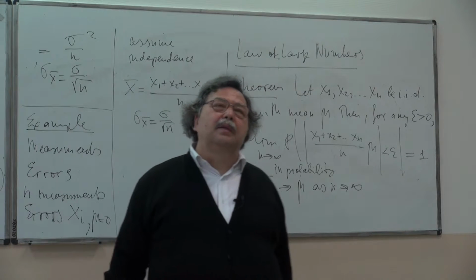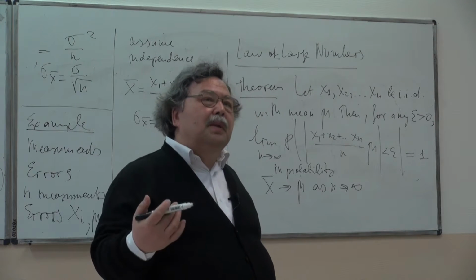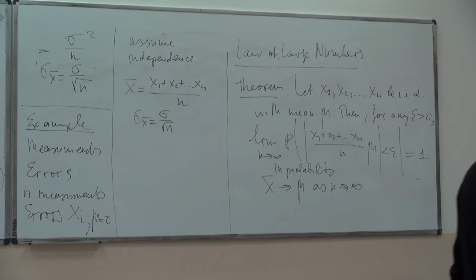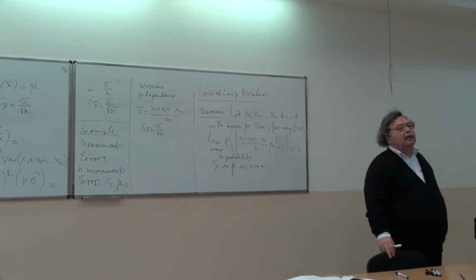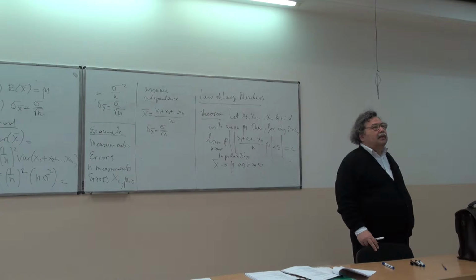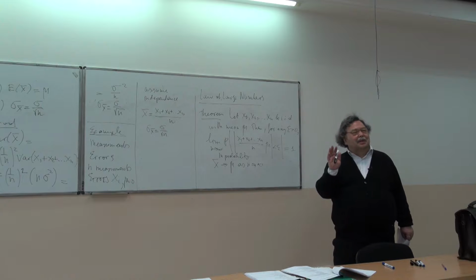Well, if I try to put it in even simpler words, I would probably say this: the deviation of x bar from its mean becomes, well, I warned you, it's a bit tricky.